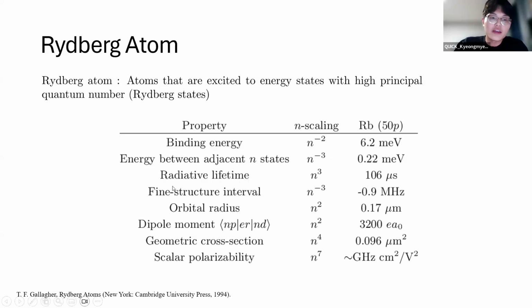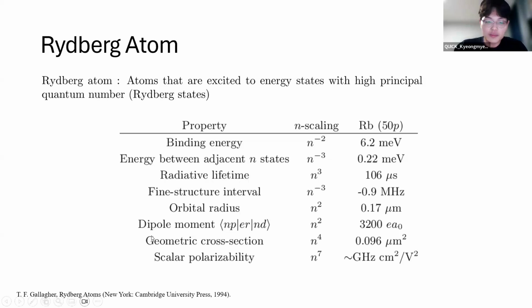spatial control. Their radiative lifetime scales as n to the power of 3, reaching hundreds of microseconds for a high principal quantum number. This extended coherence time allows for long controlled quantum operations, making Rydberg atoms reliable for experiments on quantum information processing.